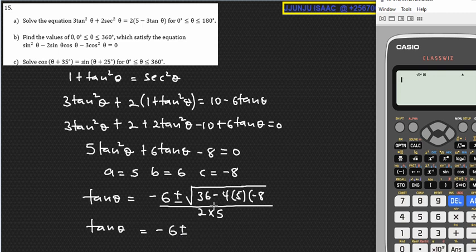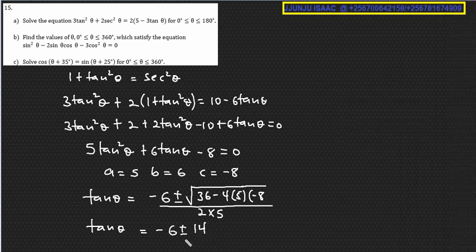We are going to look for 4 times 5, then times 8, then plus 36, 196, root answer, this is 14. So we shall get 14 divided by 10.